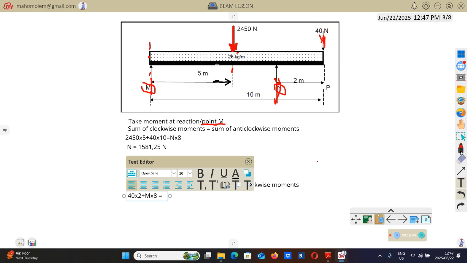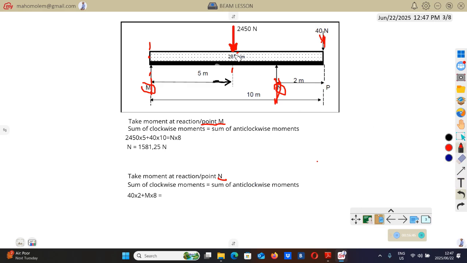The anti-clockwise moment will be this force here. So if you push this thing like that, assuming that this is your fulcrum, this thing will try to rotate or bend in this manner due to this force.